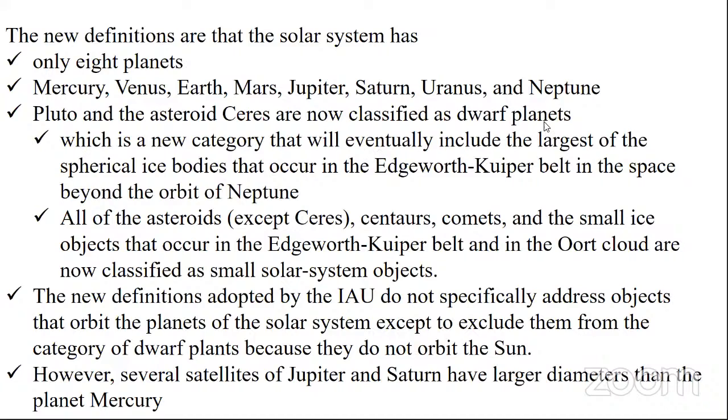Dwarf planets are a new category that will eventually include the largest of these ice bodies that occur in the Edgeworth-Kuiper belt, in the space beyond the orbit of Neptune.